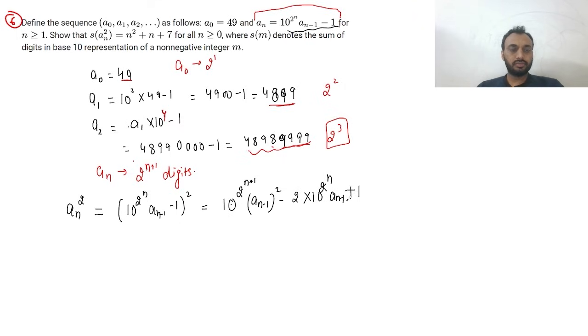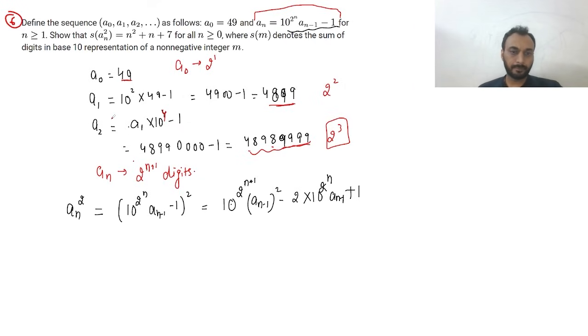Now, as we can see, AN square is in terms of AN minus 1 square. So we can try to use induction also: we say it is true for A0, then we assume it is true for AR, and then prove it for the sum of digits of A square R plus 1.